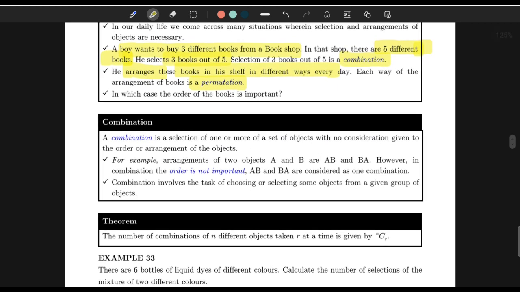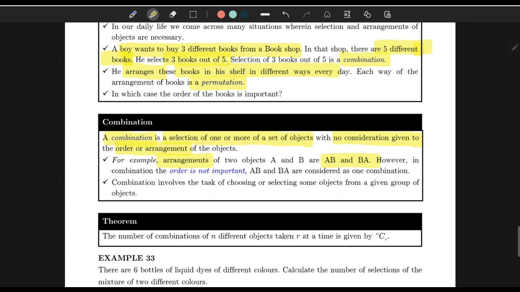a combination is a selection of one or more of a set of objects with no consideration given to the order of arrangement. For example, arrangements of 2 objects A and B are AB and BA.